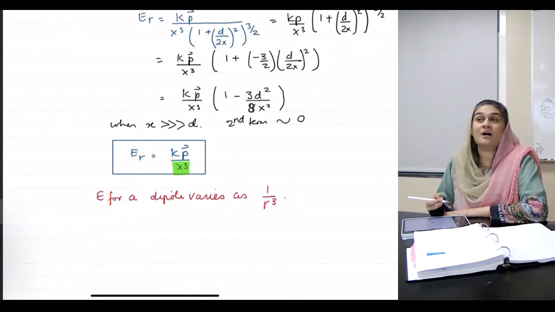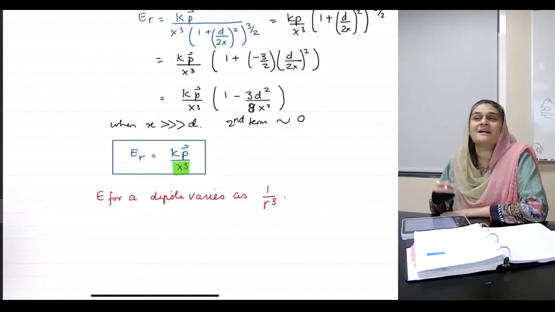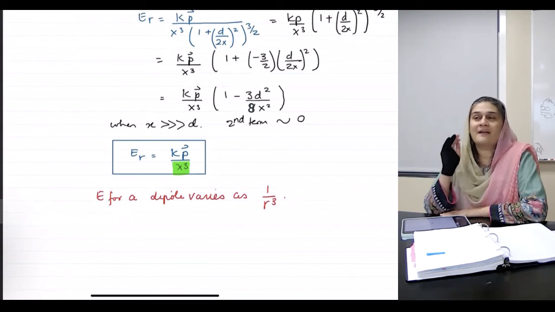So E for a charge, like a point charge, varies as 1 over r squared. E for a dipole varies as 1 over r cubed. Take a wild guess. If you had a quadrupole, what do you think that would vary as?